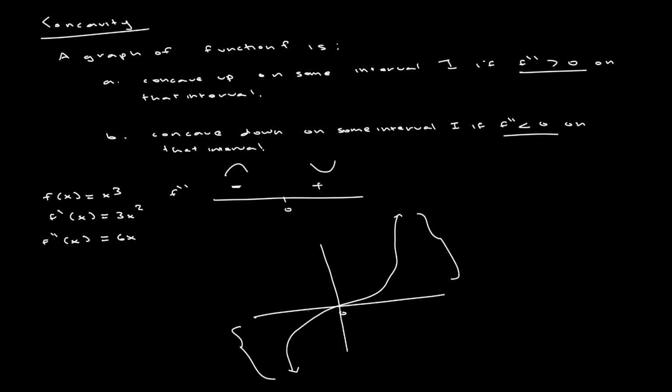And what does concavity mean? When f double prime is greater than 0, that means f prime is increasing, right? So let me restate that. If f double prime is greater than 0, then f prime is increasing. And vice versa, if f double prime is less than 0, then f prime is decreasing.